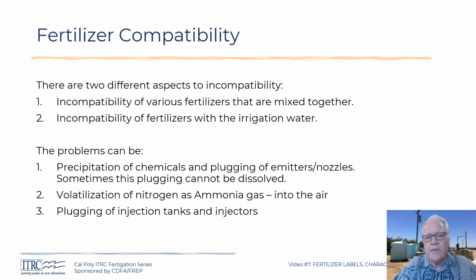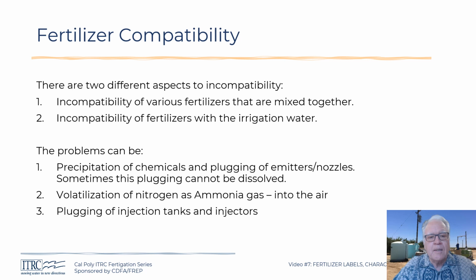We have a whole video just showing lab results, examples of mixing different fertilizers together. But there are two types of incompatibility, you might remember. One is different fertilizers that are mixed together, and that's what we show you in this other video. And then there are also incompatibilities with the irrigation water. And so what happens then?